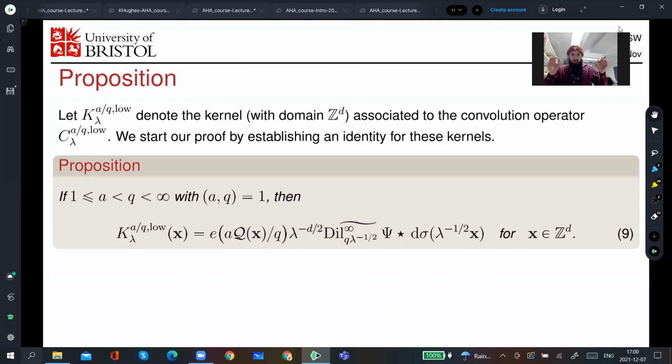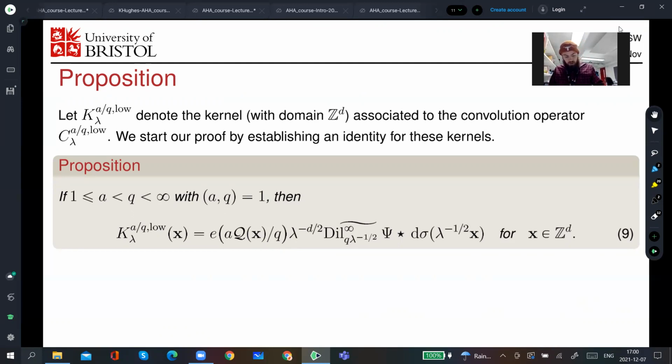So the kernel is the inverse Fourier transform of your multiplier. And then that gets involved with the inverse Fourier transform of a Fourier transform, which is just the original thing.